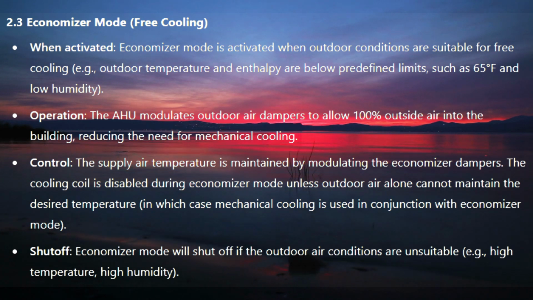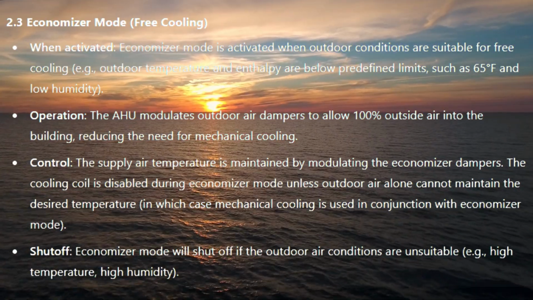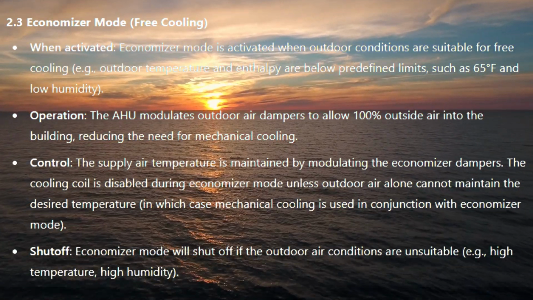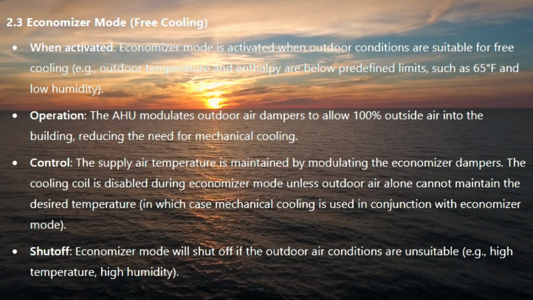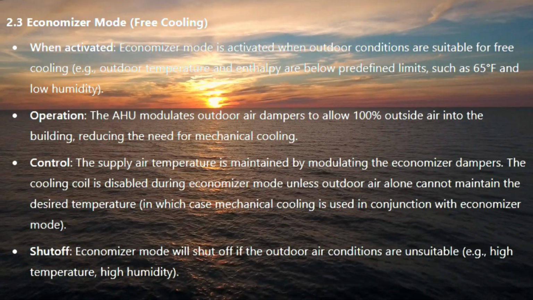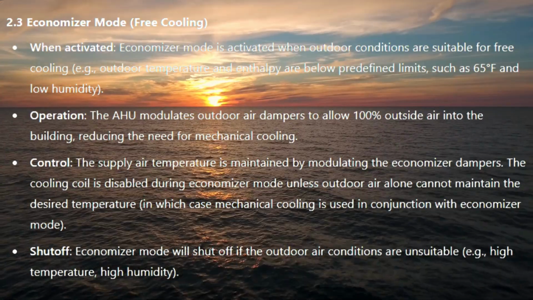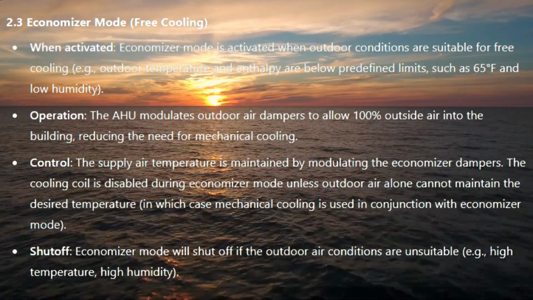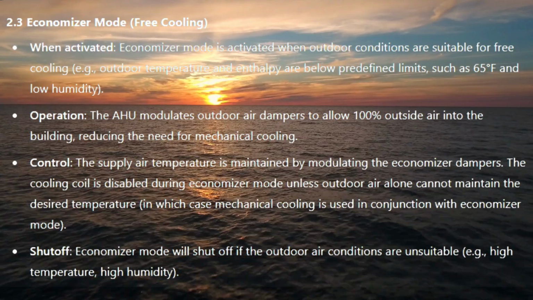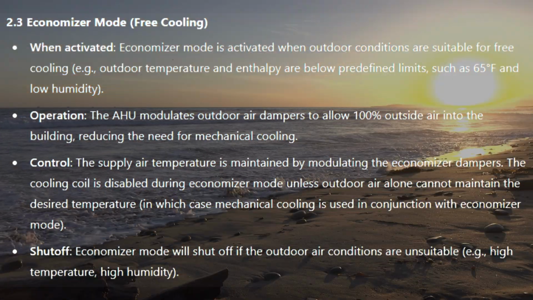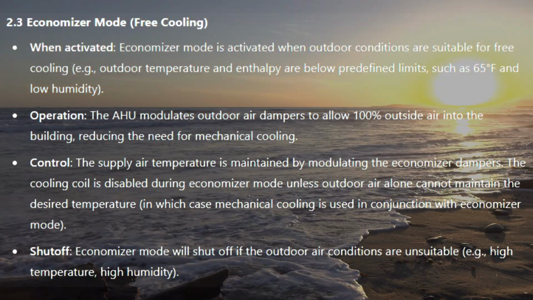Control. The supply air temperature is maintained by modulating the economizer dampers. The cooling coil is disabled during economizer mode unless outdoor air alone cannot maintain the desired temperature, in which case mechanical cooling is used in conjunction with economizer mode. Shut off. Economizer mode will shut off if the outdoor air conditions are unsuitable, e.g., high temperature, high humidity.